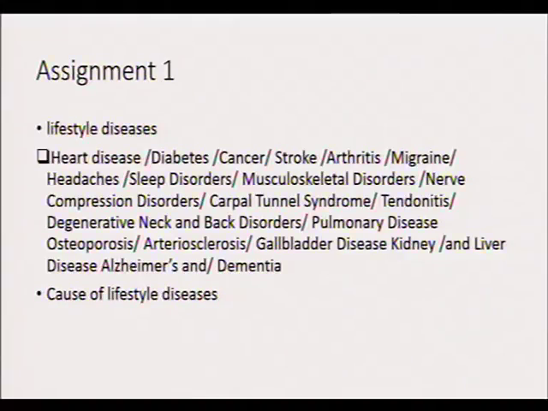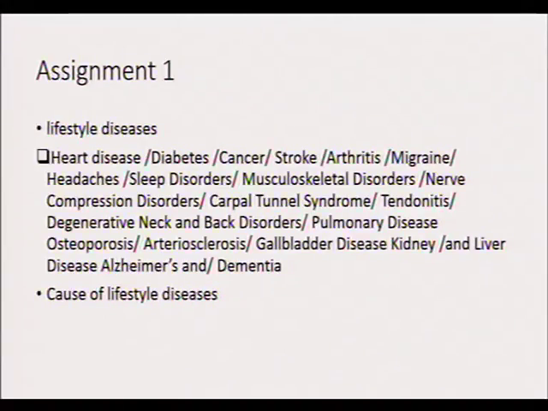There are so many reasons, and in your assignment you have to explain and give us reasons what these diseases are. And then, of course, as I say, the causes of these diseases are very important. How are these diseases caused? What are the root causes of these diseases? And so you have to explain this.